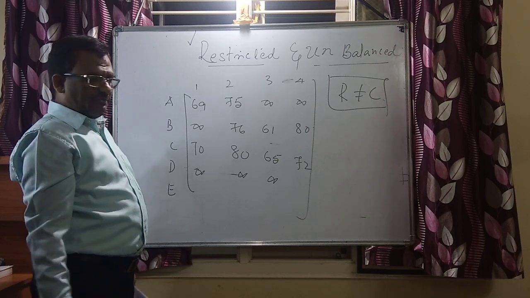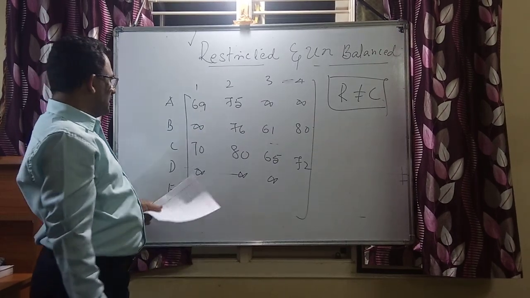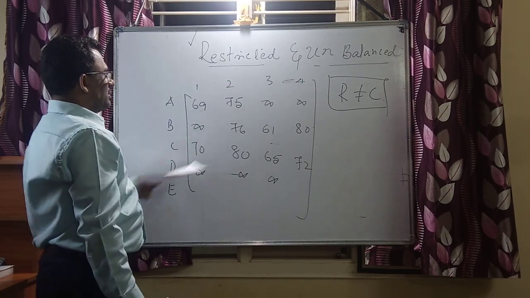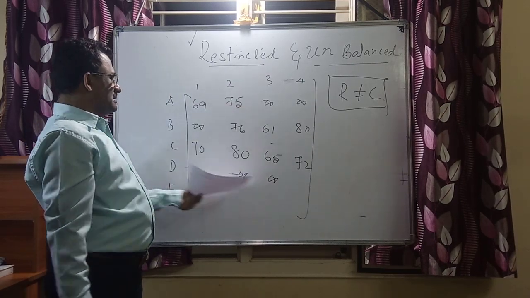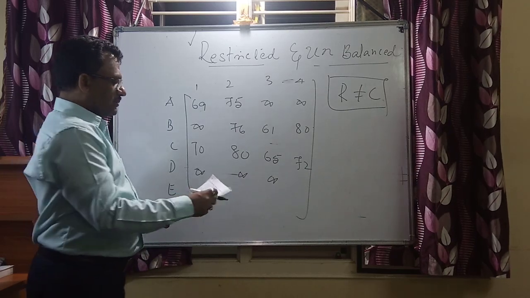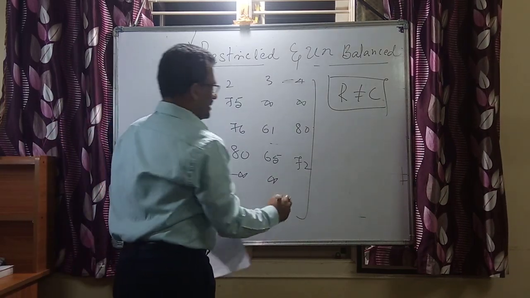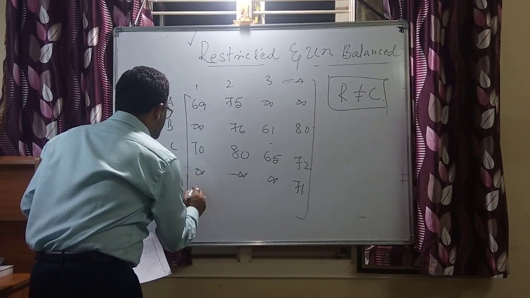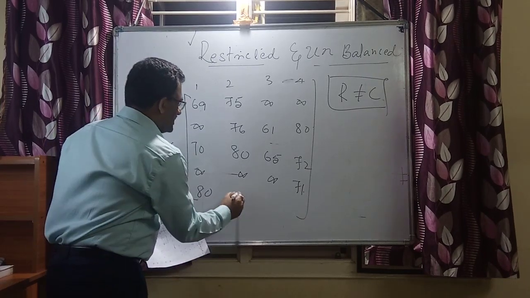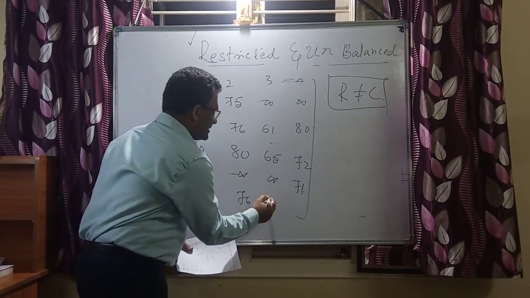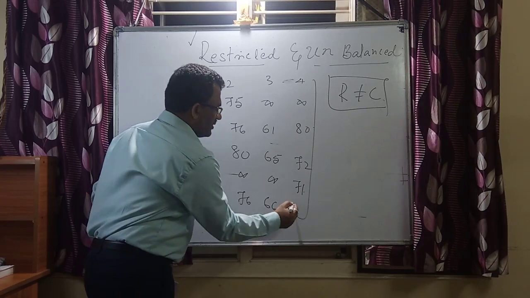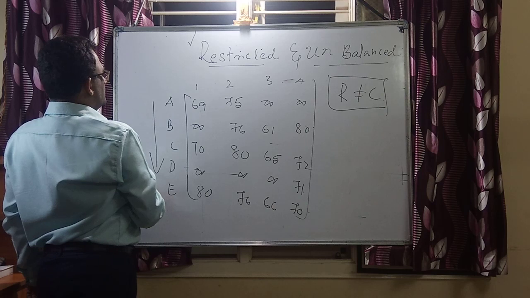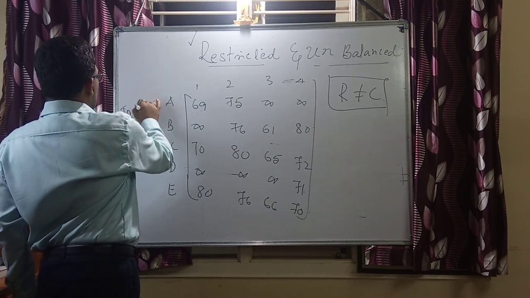You cannot give these jobs to these employees. That is, D is restricted with 1, D is restricted with 2, D is restricted with 3. These are the infinite symbols, it's all about restrictions. Now this is 71 here. Now this is 80, 76, 66, and then 70.